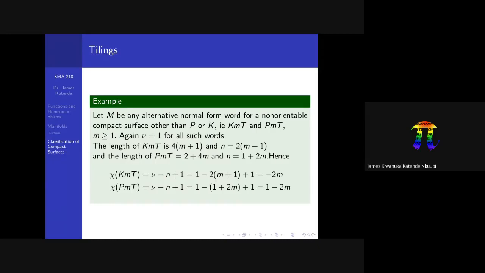So for the non-orientable compact surfaces, we saw that it's possible to write them also as a connected sum of the Klein bottle and M copies of a torus. It's also possible to have some that can be expressed as a connected sum of the projective plane and M copies of the torus. So these are what we call the alternative normal form words for non-orientable compact surfaces. So other than MP, these are the other words that you can have.